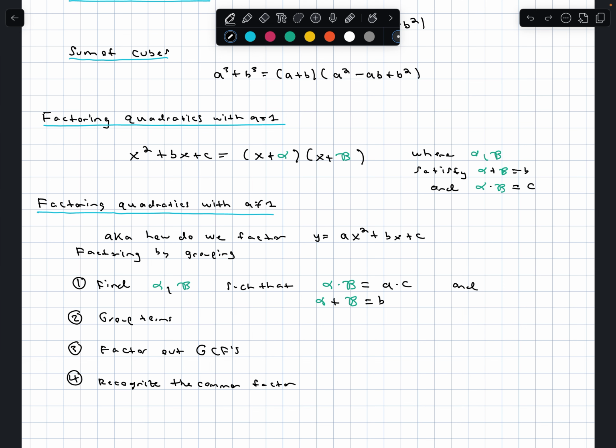Then we regroup the terms as we write this: ax squared plus bx plus c is equal to ax squared plus alpha x plus beta x plus c, and group the terms. If we see common factors anywhere, factor out the GCFs, and then recognize the common factor. This will probably be easier to see with an example, and I think example 5 goes through this.